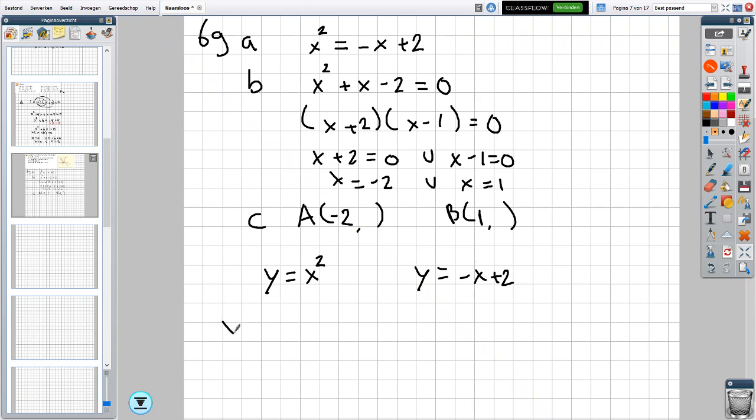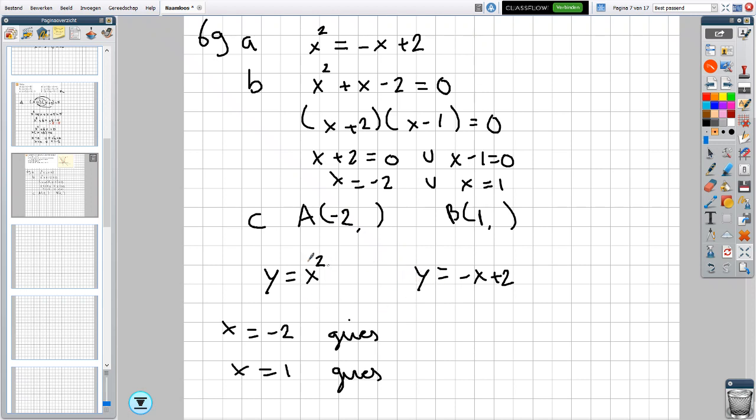Fill in x = -2 and x = 1 in one of those formulas. I don't really care which one you choose. Choose the one you find easiest. Most of the time that's the linear one. But here, this is only y = x², so this one is quite quick as well. If you fill them in both, you will find the same y-coordinate. That's why you only have to do it once.